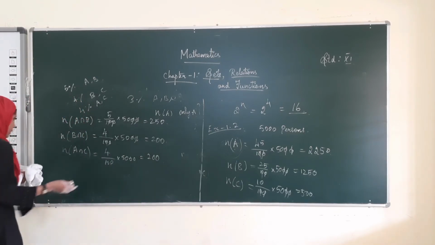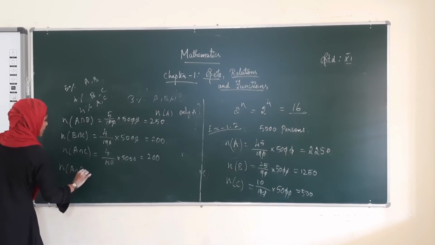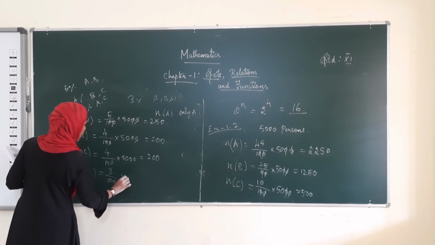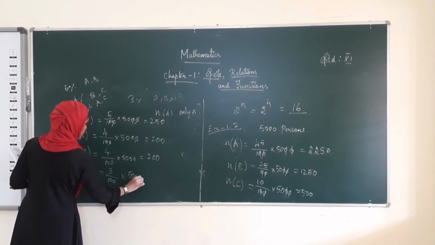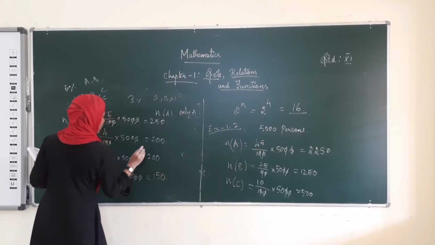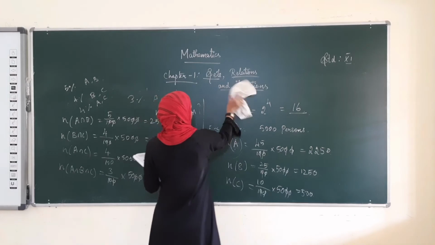Okay. And the last one is who knows all the languages, that is A intersection B intersection C, equal to 3%. 3 divided by 100 into 5000, which is equal to 150.